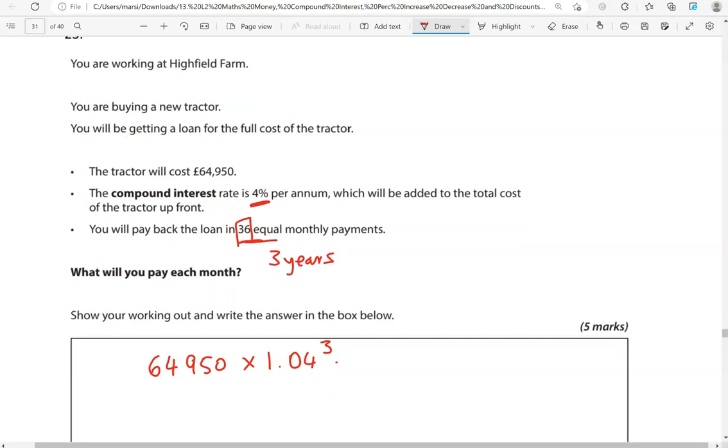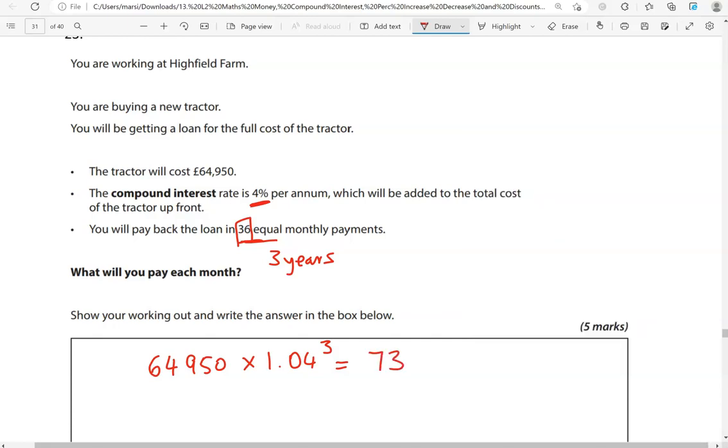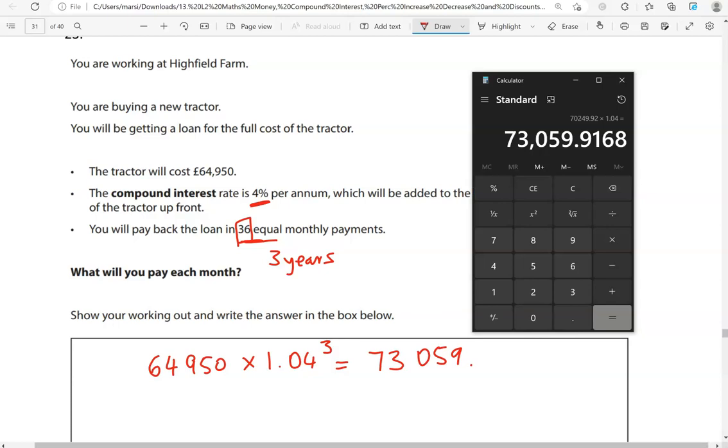So if we do this using a calculator, it gives us £73,059 and 92 pence.